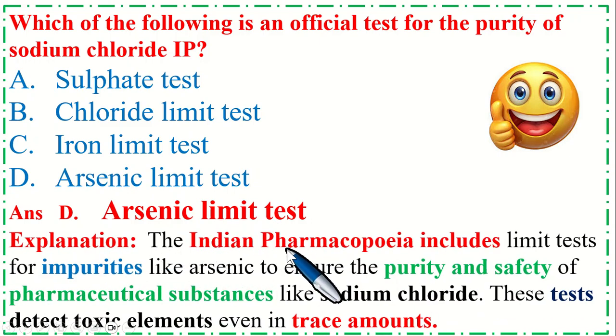The Indian Pharmacopoeia includes limit tests for impurities like arsenic to ensure the purity and safety of pharmaceutical substances like sodium chloride. These tests detect toxic elements even in trace amounts.